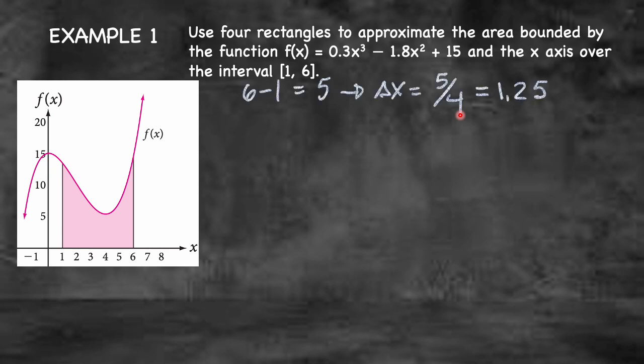We find the length between 1 and 6 by subtracting, and we get a length of 5. And then we find the width of each of those 4 equal subintervals by dividing by 4. So we could write that either as 5 divided by 4 or as 1.25.